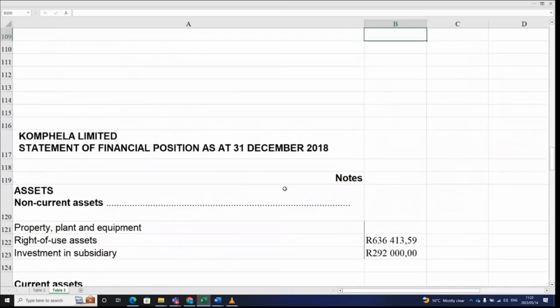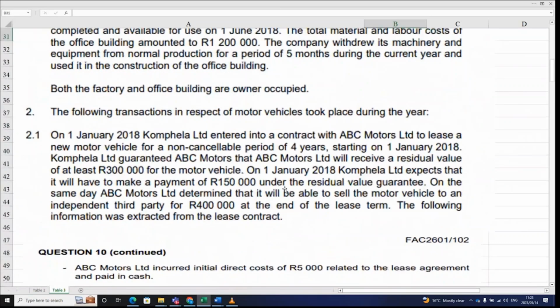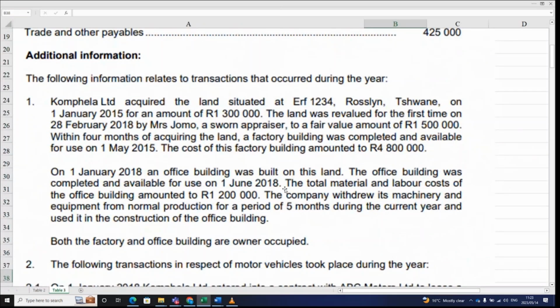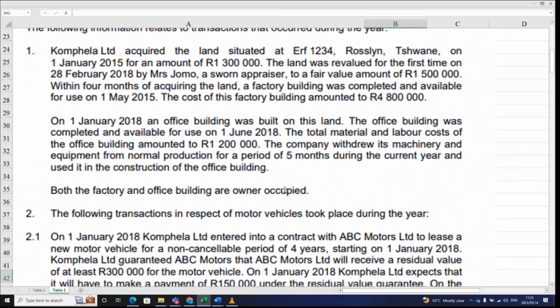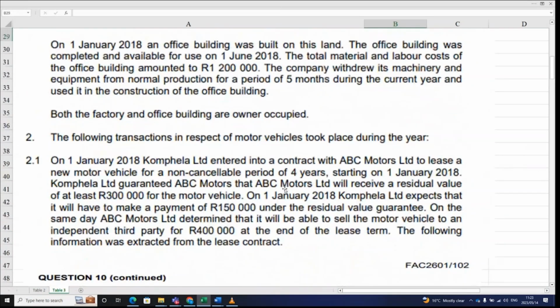Then we saw the building part: there's a building that they had, then there's also another building that was constructed. What I normally do when there was a machine or some equipment that was withdrawn is start with that equipment, so that I can get the portion that must be capitalized to the asset.